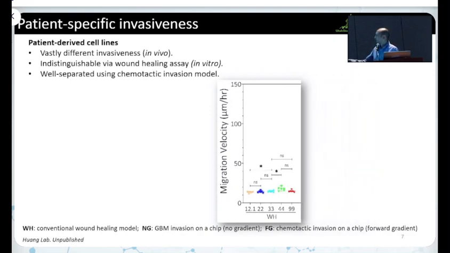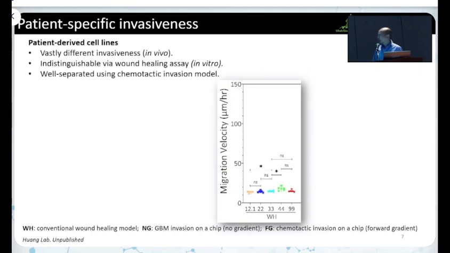This number represents how aggressive they are in terms of patient outcomes as well as animal studies. Here we show the typical, very classic migration model using the wound healing assay. As you can see, it is very difficult to distinguish between different cell lines, even though the aggressiveness of those cell lines is quite different in the patient.